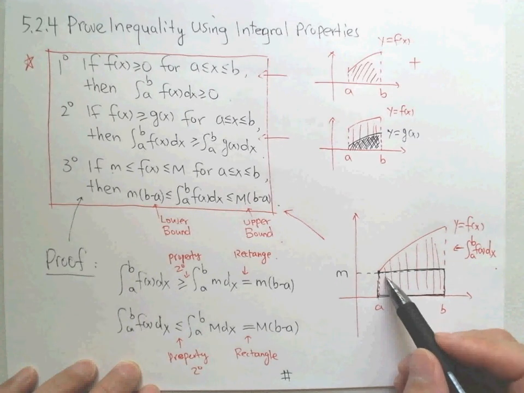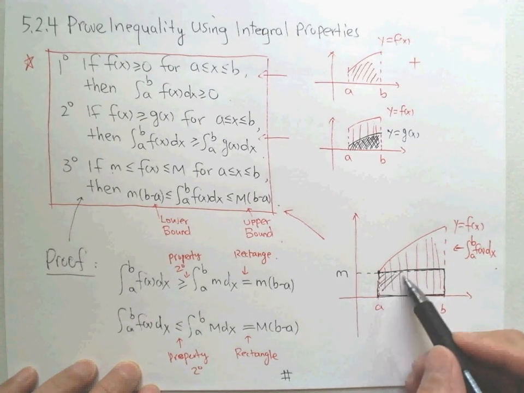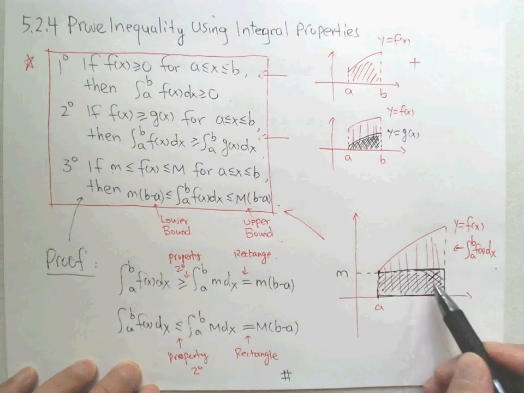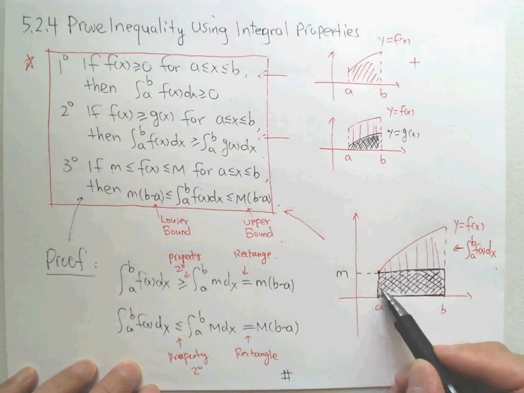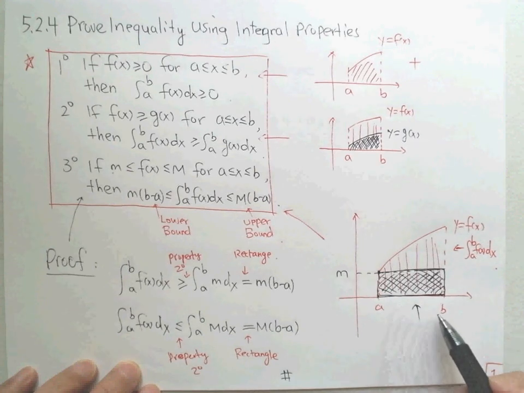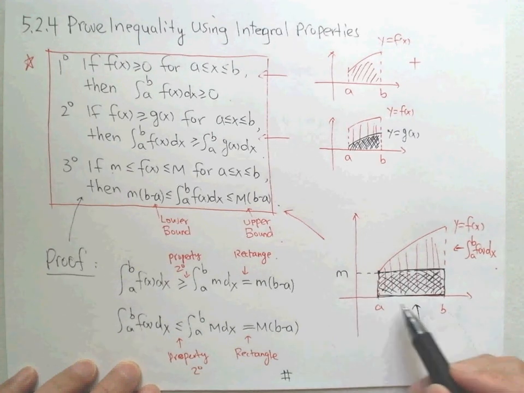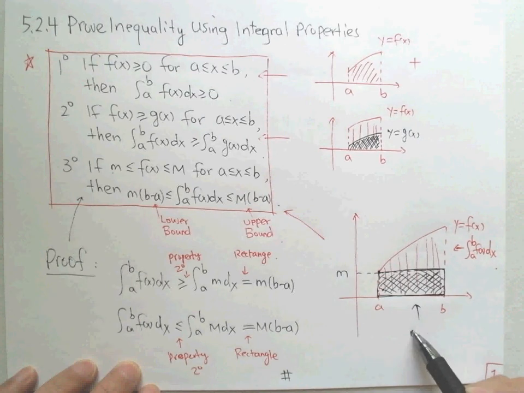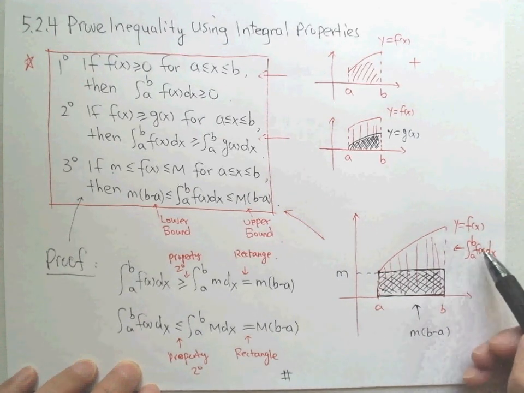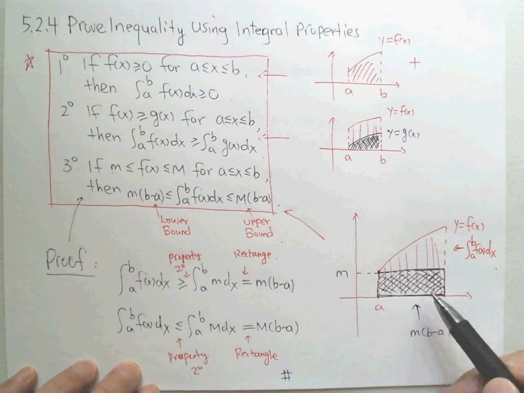If I highlight the rectangle, it is like this. See? Highlight it one more time. What is the area for this? We know this is lowercase m times (b minus a). Look at the integral under the curve, definitely greater than this, right?